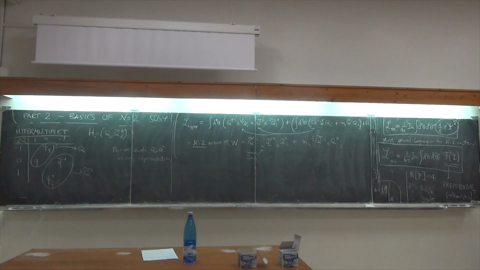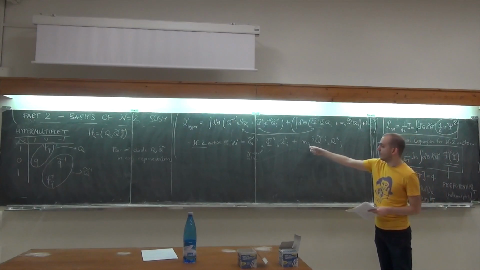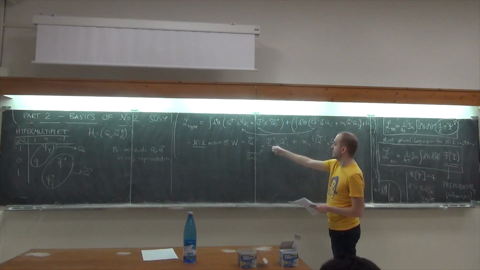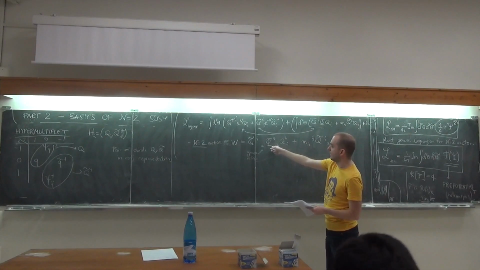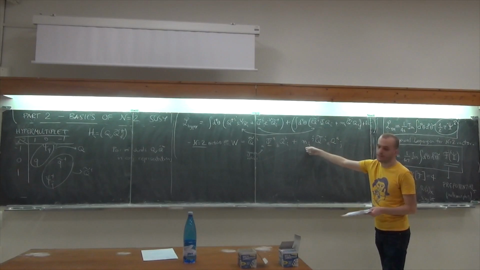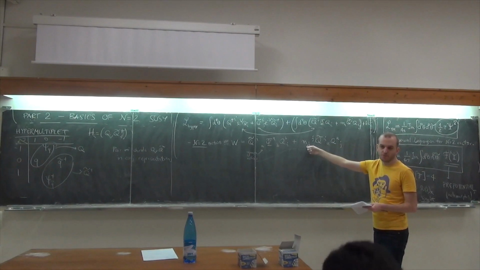So if you write it in this form, the role of m, the mass, is the same as the role played by phi. Phi here was a scalar in a dynamical vector multiplet, and now you can view m as a scalar in a non-dynamical vector multiplet.